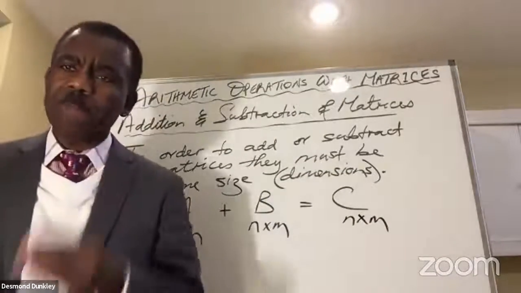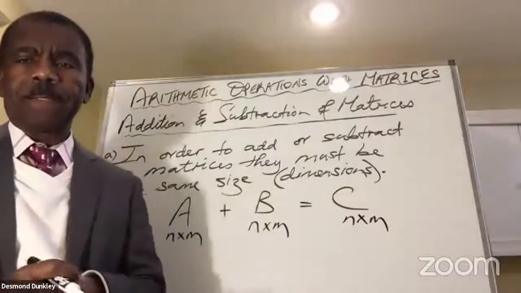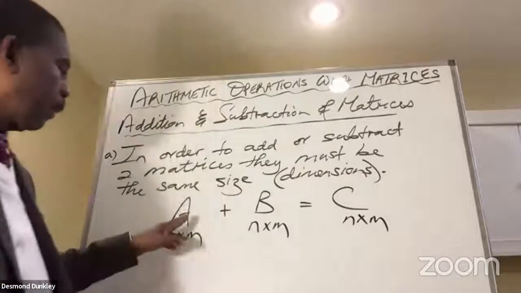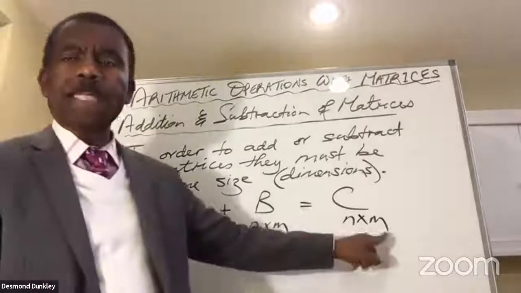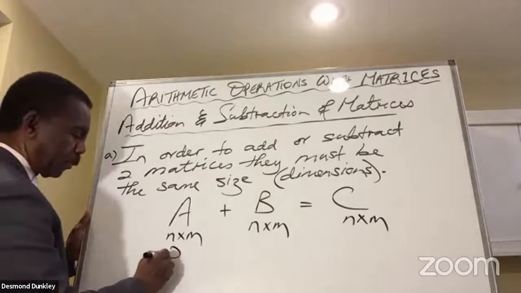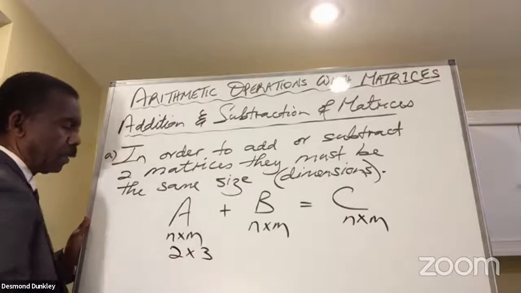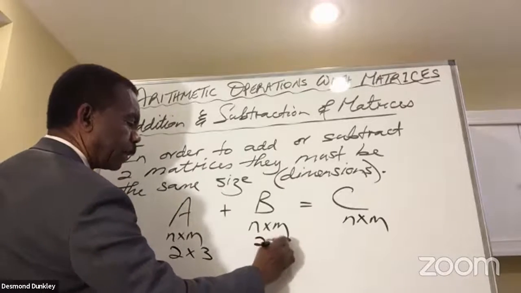Very important. They have to be the same size. Otherwise, you cannot. Okay? So whatever it is, they're the same size, and the sum will be the same size. So if this is, say for example, a 2 by 3 matrix, you can only add this to a 2 by 3 matrix.